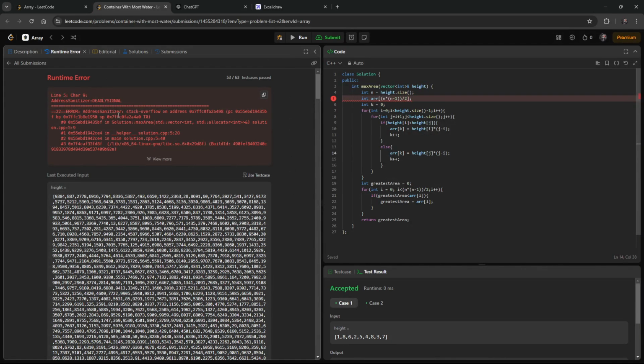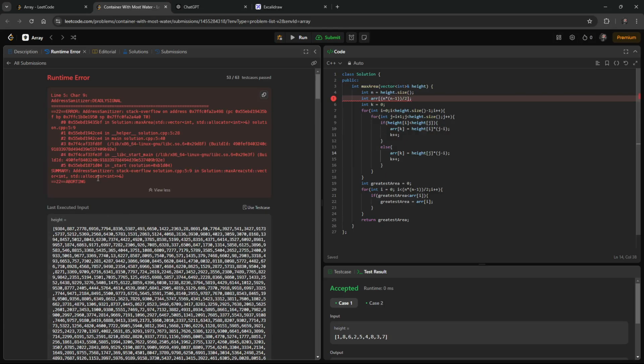Address sanitizer, stack of wrong address, blah blah blah. Okay, so I need vector right here. What it's trying to say is use the vector. Wait, int l, and to use size. Let's run this again. Will it work?